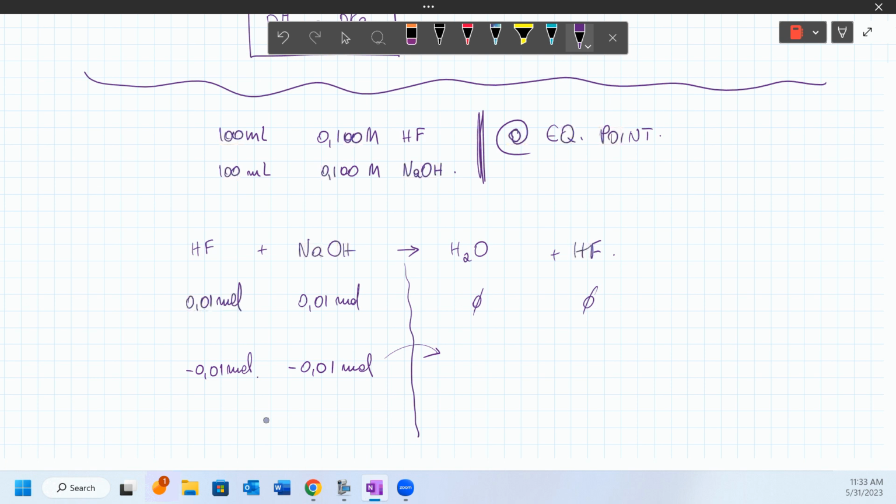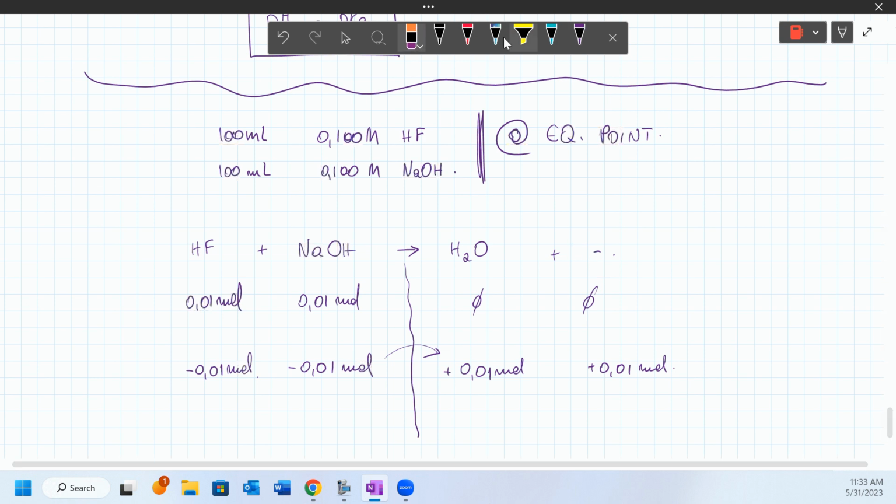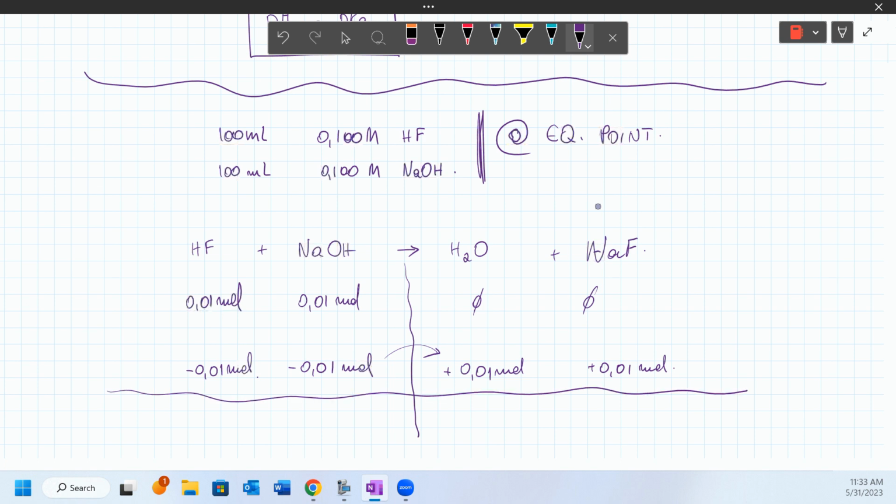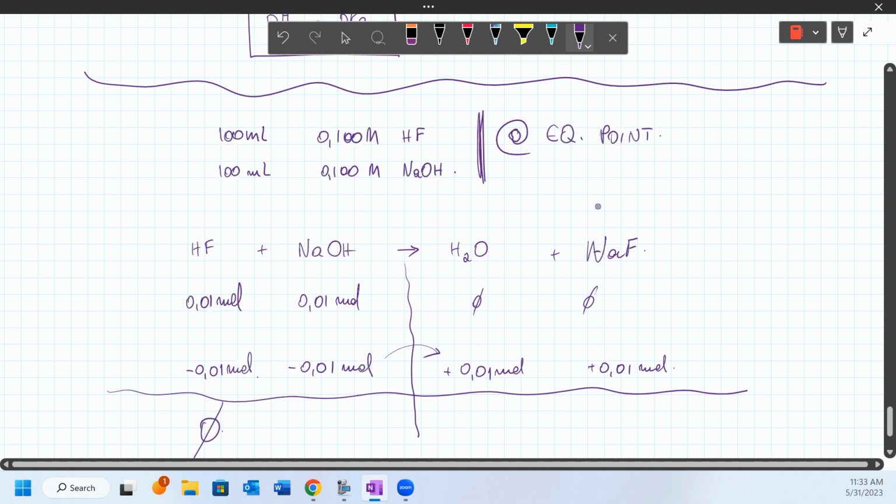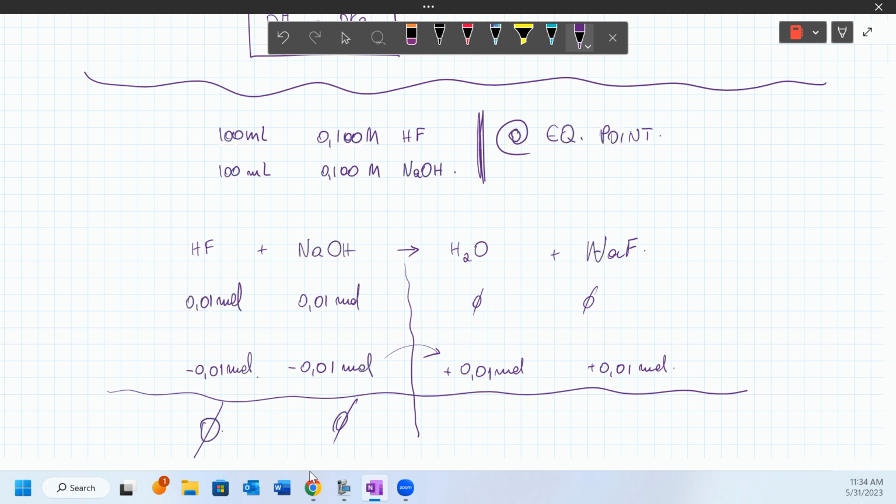And then when we move to the other side of the reaction, we will form 0.01 mole of water along with 0.01 mole of what is this? This is not HF, this is sodium fluoride. Okay. Now at the equilibrium, what we have is 0, because 0.01 minus 0.01 is 0, for both the weak acid and the strong base.